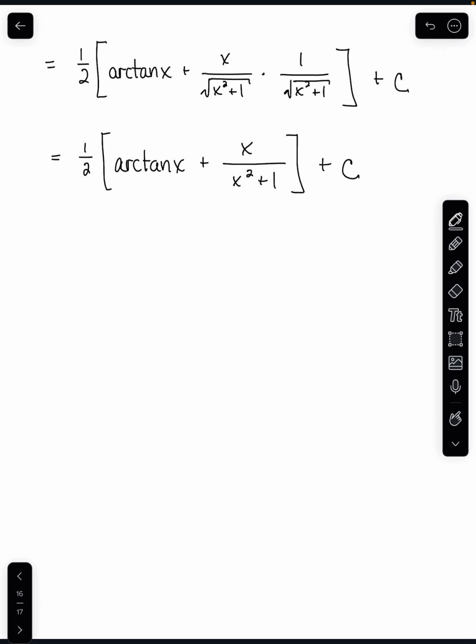It's not that the co-functions are not usable, but since we have to differentiate whatever trigonometric substitution we're using, the co-functions, when differentiated, always produce a negative. The derivative of cosine is negative sine, for example.